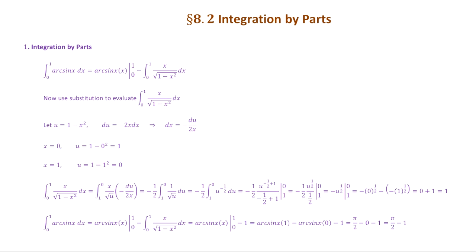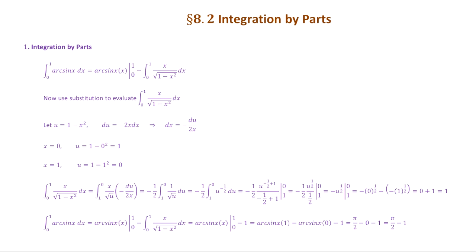Okay? So, and then what? Then you get the x on the top and the square root of u at the bottom, because u is just the 1 minus x squared, remember? And then dx is just du over negative 2x as we already did. And then you can see x cancels inside the integral.